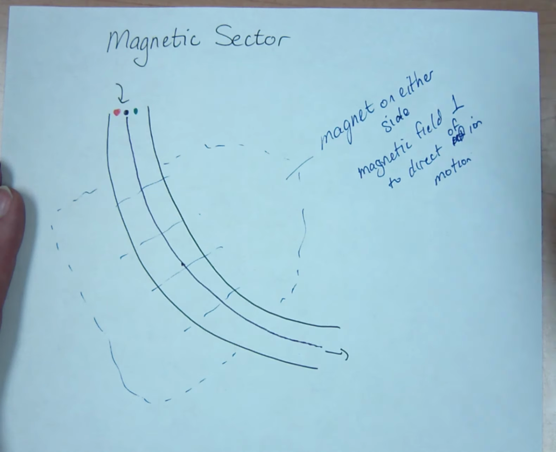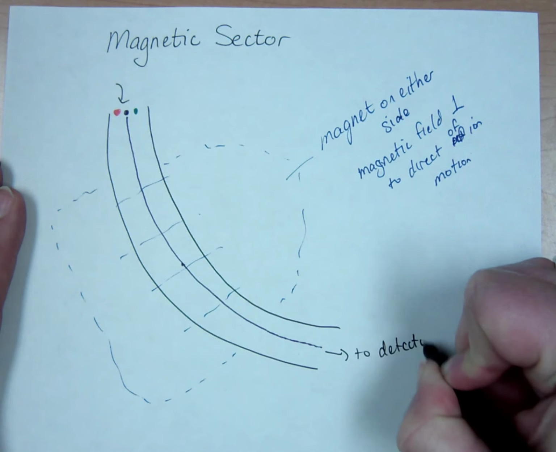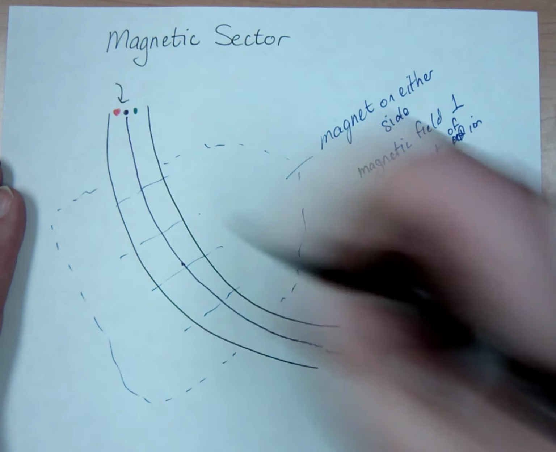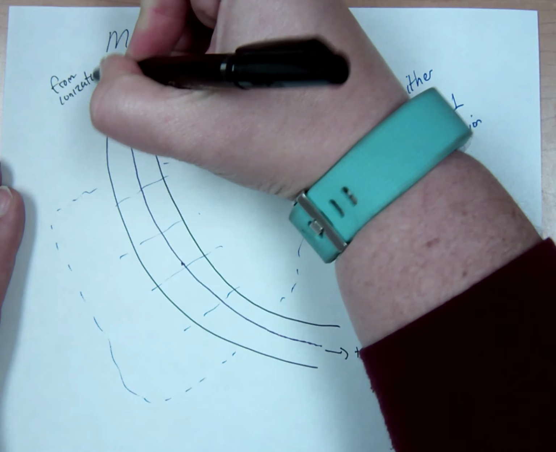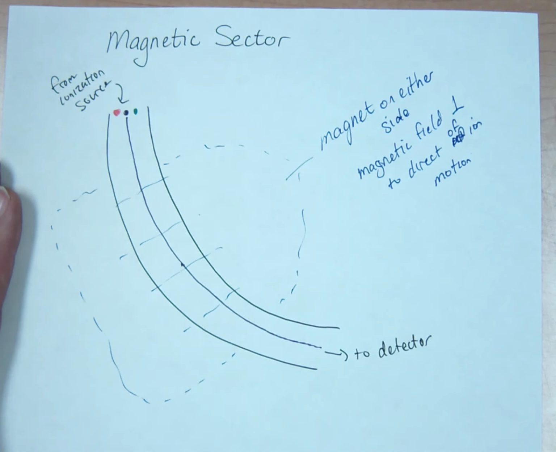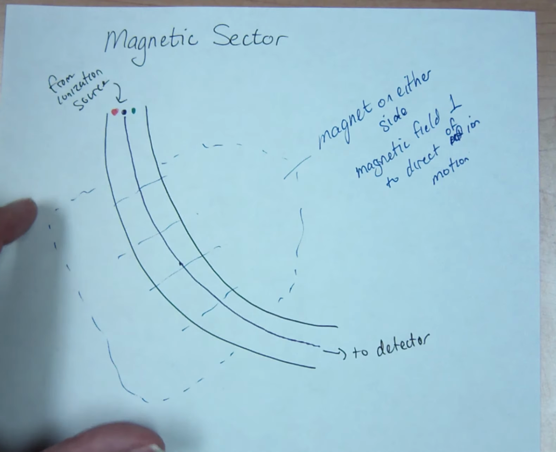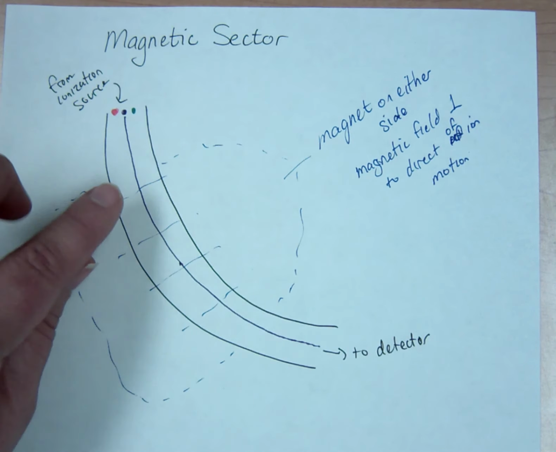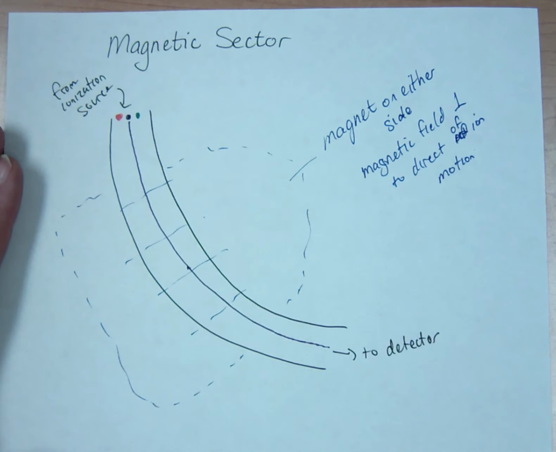We're already in the mass analyzer, so here we go to the detector, from the ionization source. And so ideally our analyte would have a nice curved pathway. This magnet would be pushing it to curve its pathway just right and make it to the detector.